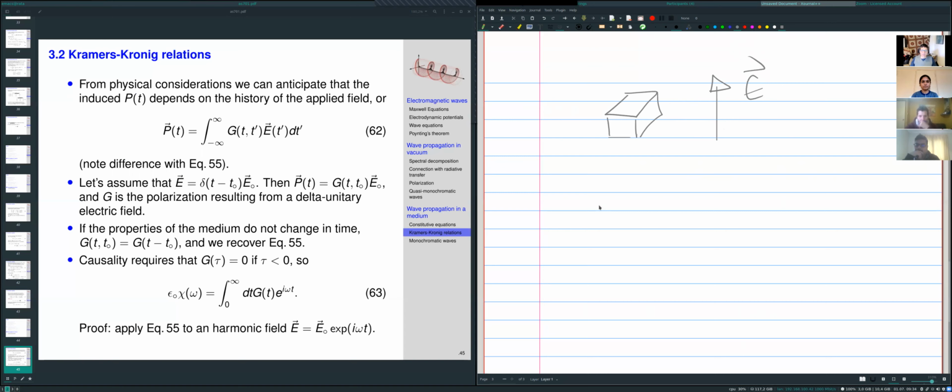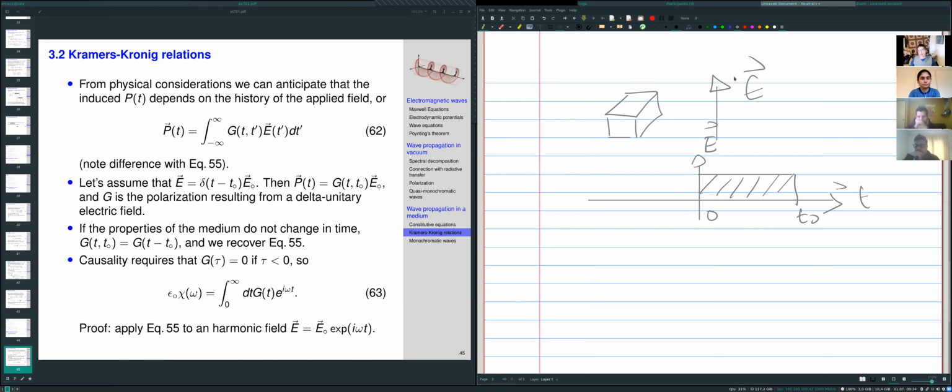So the time dependence of this would be like E of t, we have a step function. All of a sudden we have an electric field, and then maybe the experimentalist could shut it off at some time t0, and this would be 0.